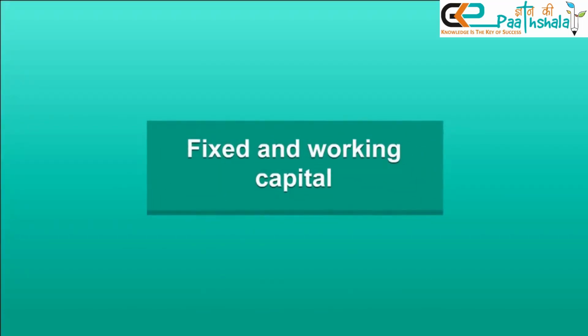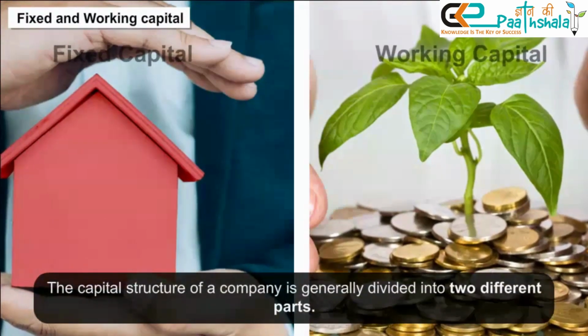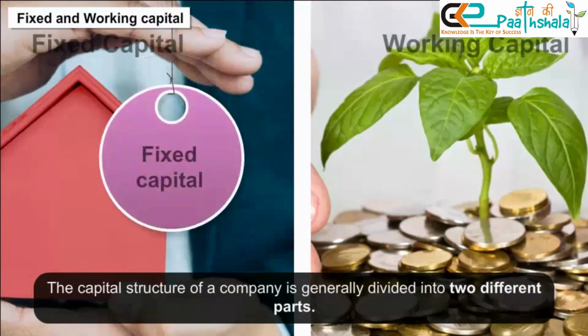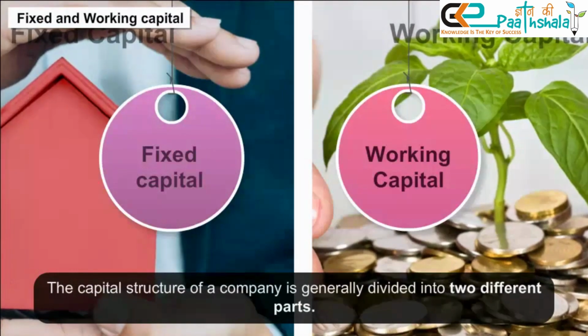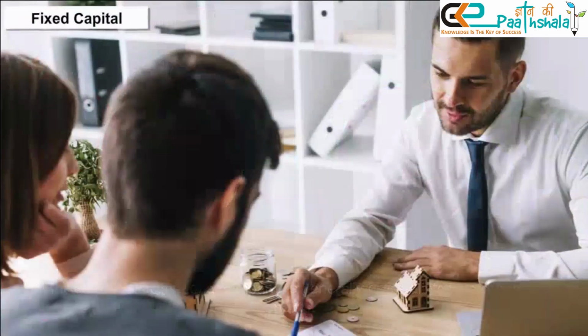Fixed and working capital. The capital structure of a company is generally divided into two different parts: fixed capital and working capital. Both together form the financial needs of an organization. Fixed capital.